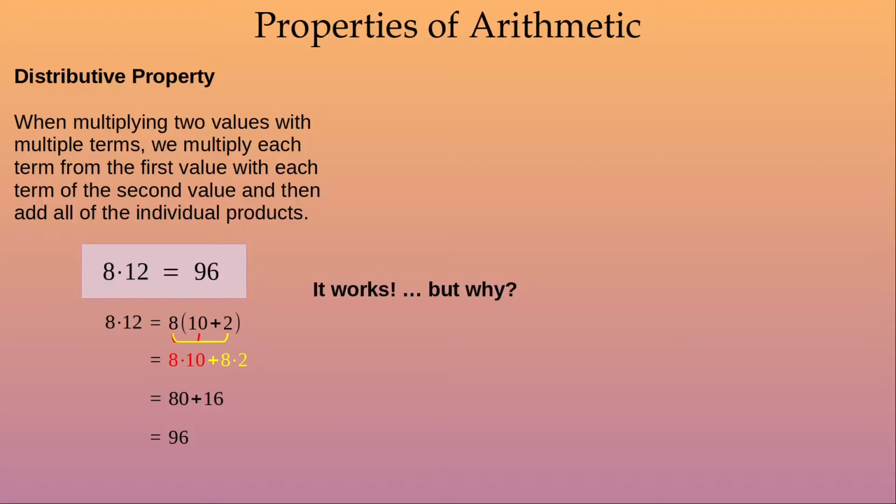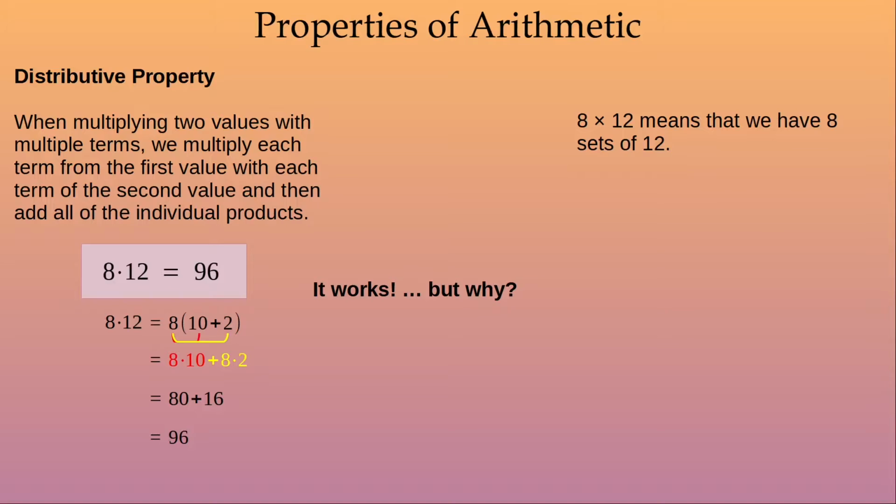So it works, but why? So, okay, we got to get into the language of multiplication here. 8 times 12 means that we have 8 sets of 12. So there's a group of 12, and then another group of 12, and then another group of 12.